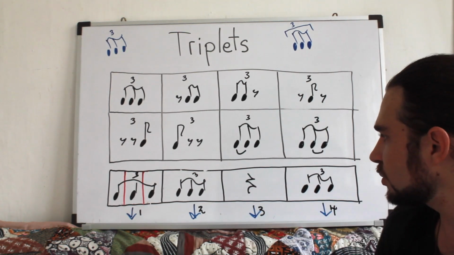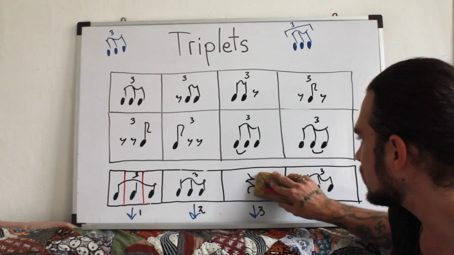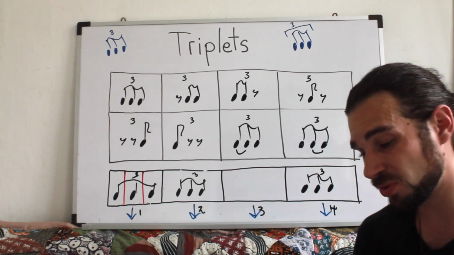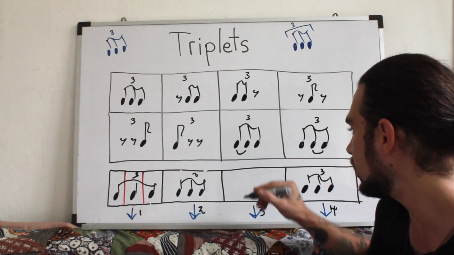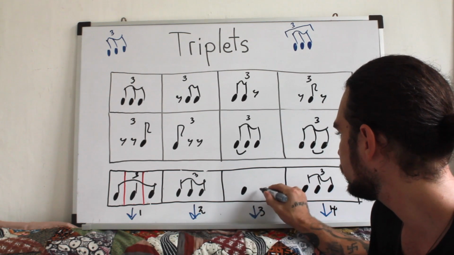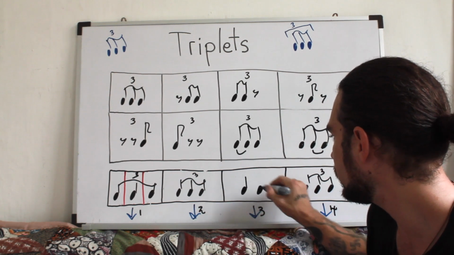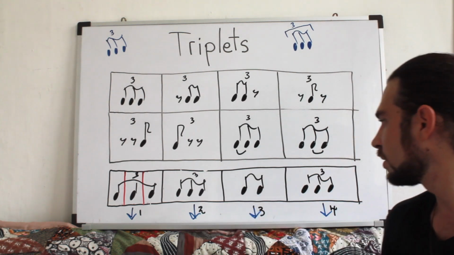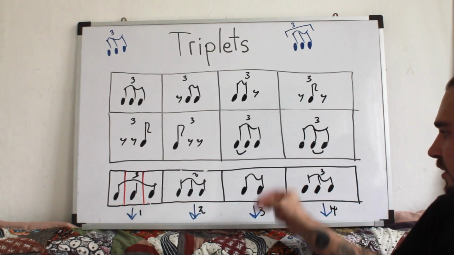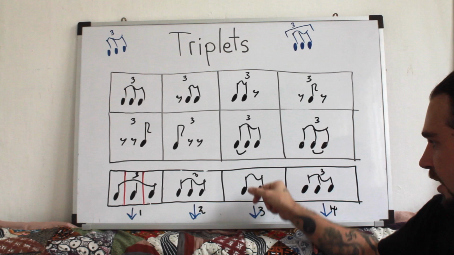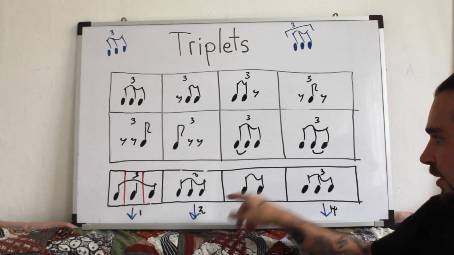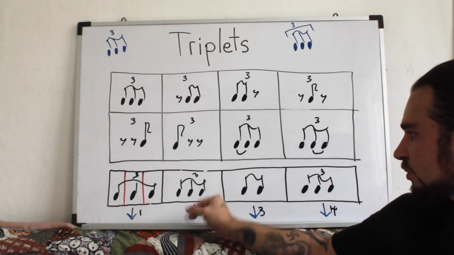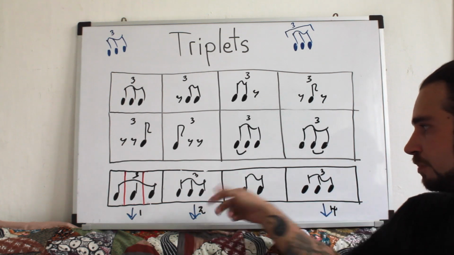Yep. Let's try and mix, instead of a rest, let's put some eighth notes, 2 eighth notes there. Okay, so here we would have da da da da da da da da. Here we would have triplet, triplet, triplet, triplet.